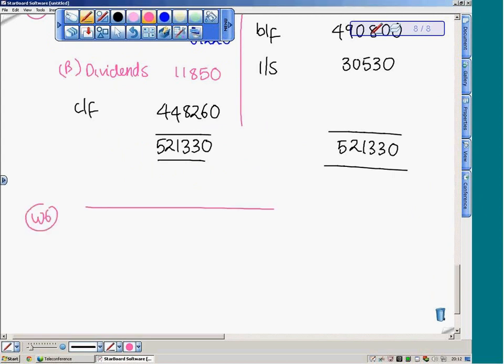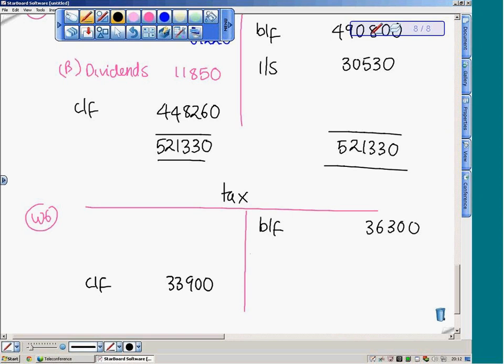Working 6 to do my tax. Now I have a brought forward number of 36,300 and I have a carry forward number of 33,900. Okay. Now in the income statement, you've got tax split up as 69,900, but then you had separate tax to pay with regards to your discontinued operations.